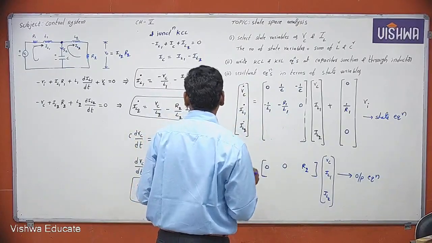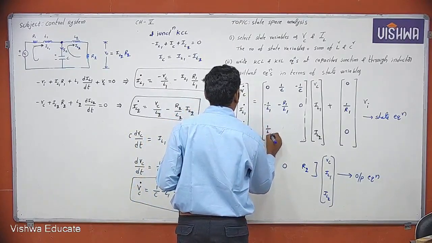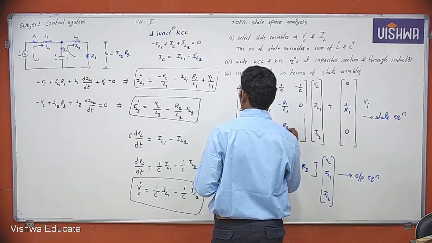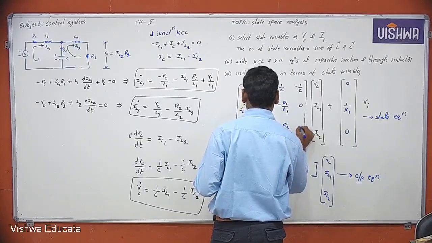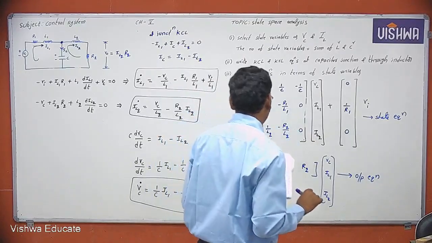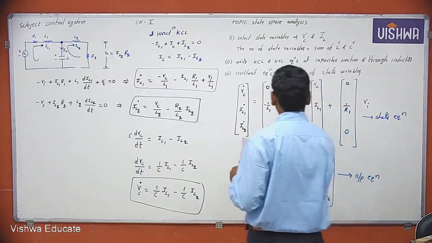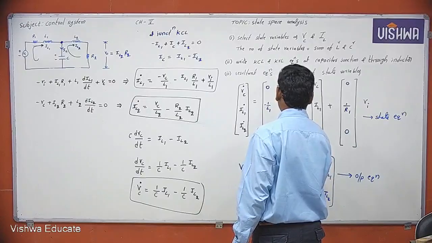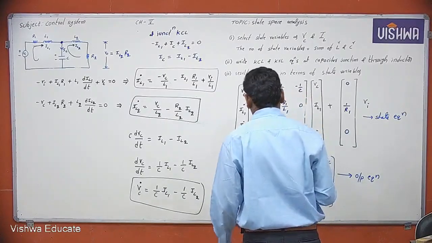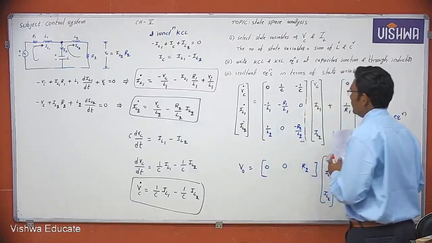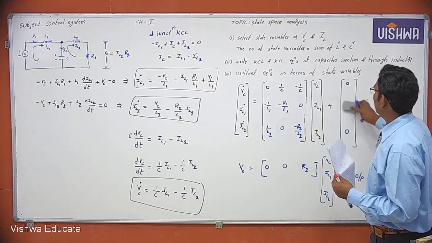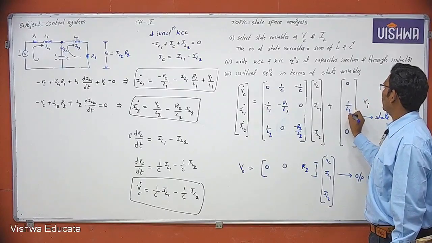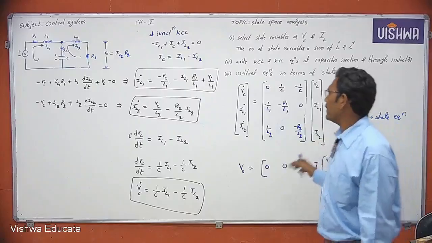Now 1 by L2, 0, minus R2 by L2, and everything is correct. And IL1 dash is nothing but 1 by L1 in the B matrix. That is the only thing.